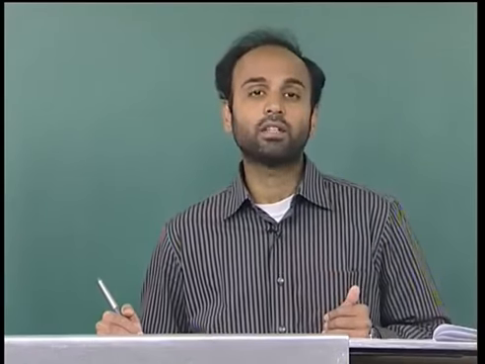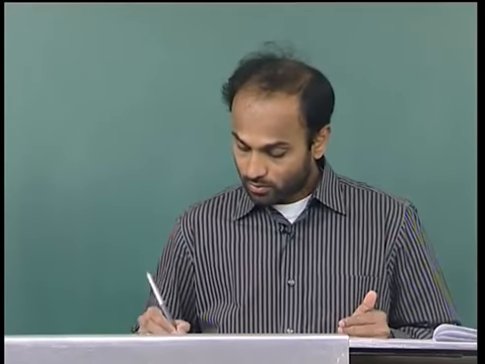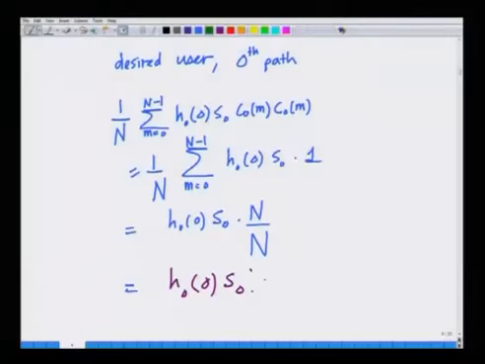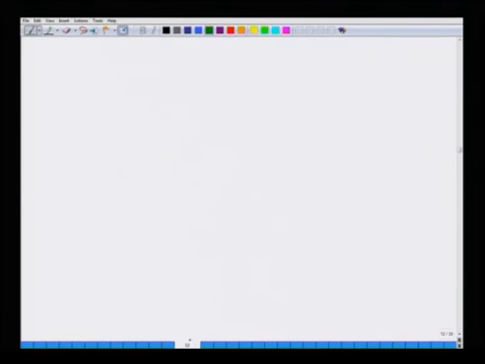Now, going back to the system model we have, the signal is still H 0 S 0, corresponding to extracting the 0th component. So, after you extract the 0th component, it looks like R 0 equals H 0 0 S 0 plus W 0. This is the noise plus interference component.